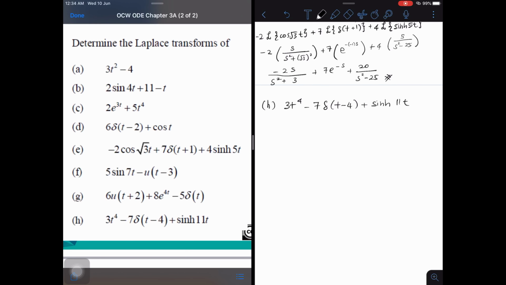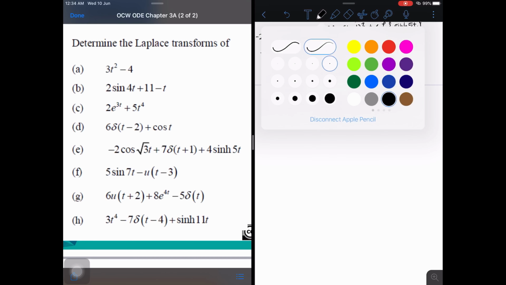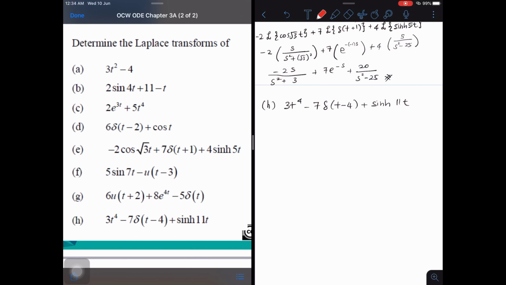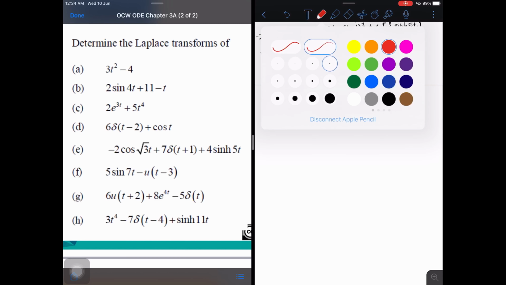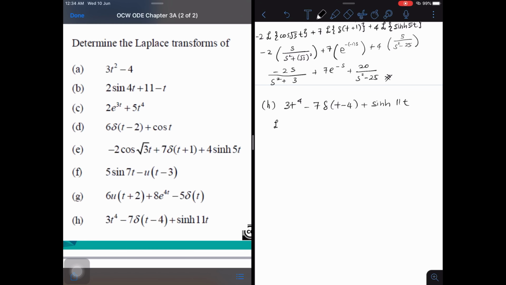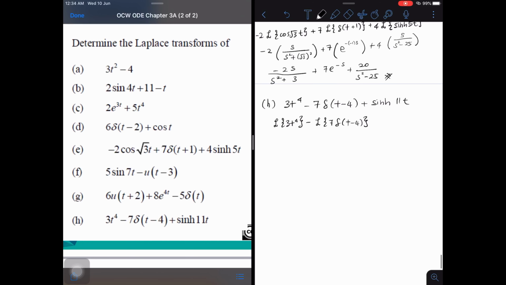So now let's use the same property, the linear property. What we will have here is the Laplace transformation of 3t to the power of 4 minus the Laplace transformation of 7 delta t minus 4, plus the Laplace transformation of sine hyperbolic 11t.